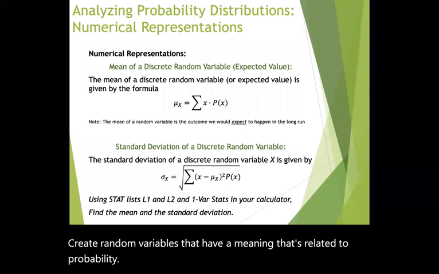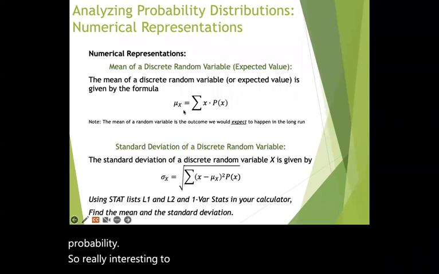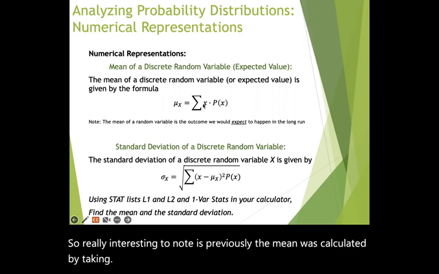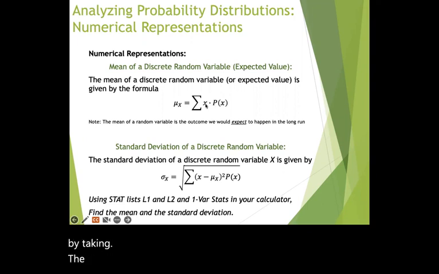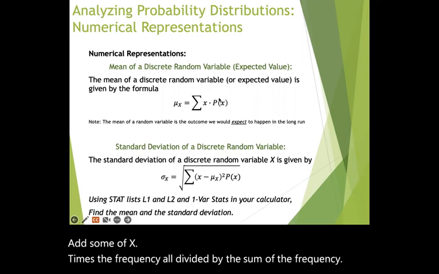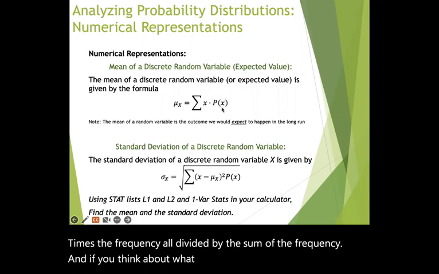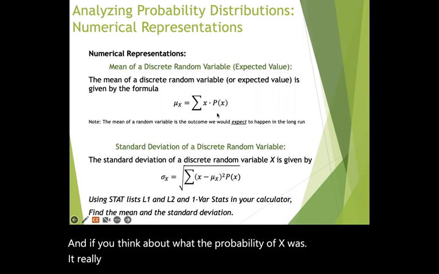So really interesting to note is previously the mean was calculated by taking the sum of X times the frequency, all divided by the sum of the frequency. And if you think about what the probability of X was, it really is just the frequency of that value divided by the total frequency gives us the probability.